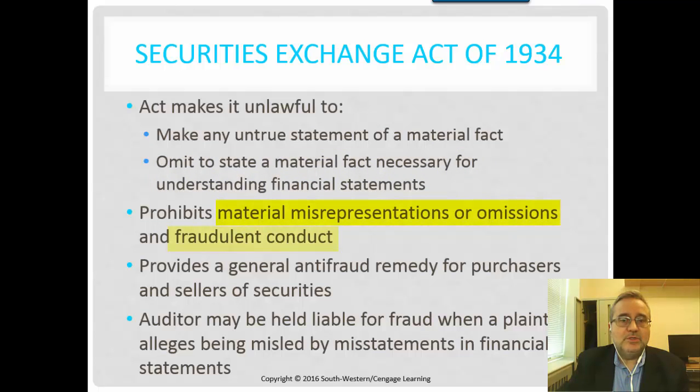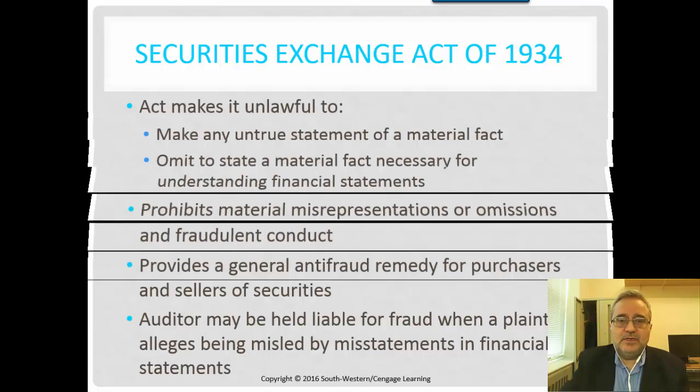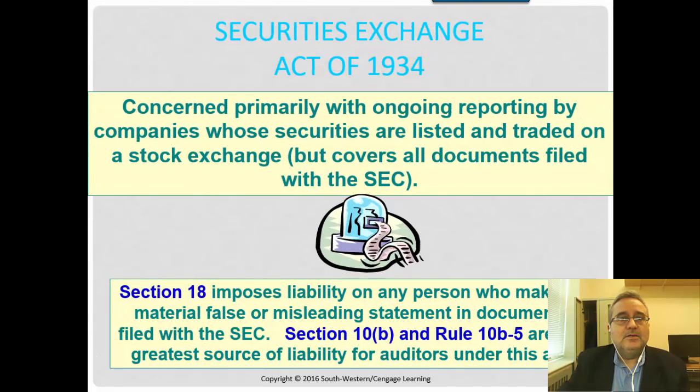It prohibits material misrepresentations or omissions and fraudulent conduct, and provides a general anti-fraud remedy for purchasers and sellers of securities. Auditors may be held liable for fraud when a plaintiff alleges being misled by misstatements in the financial statement.